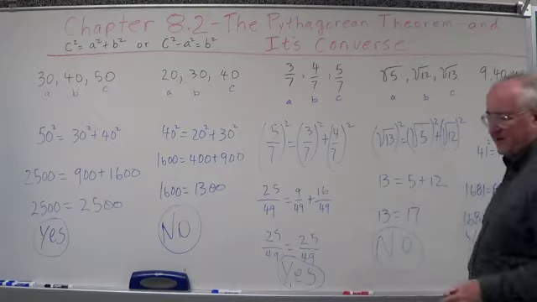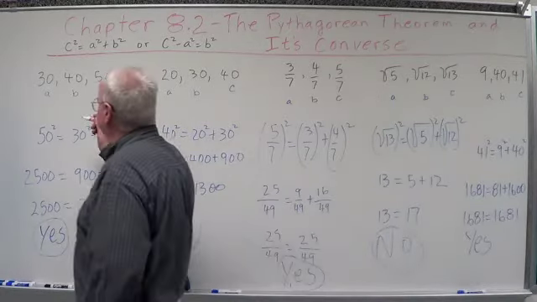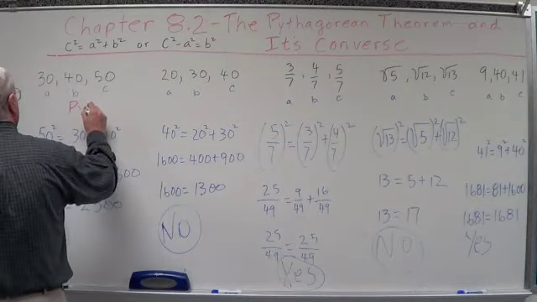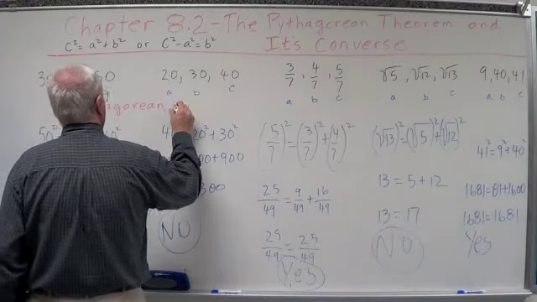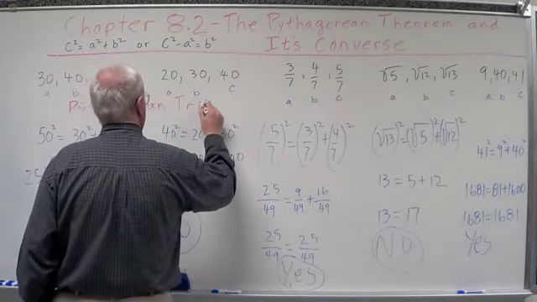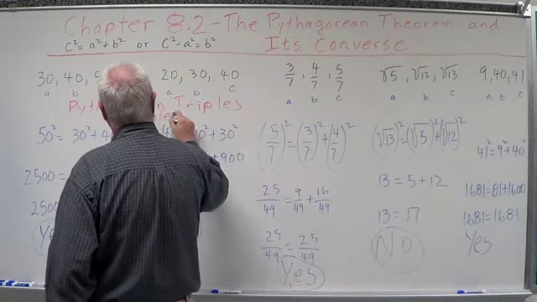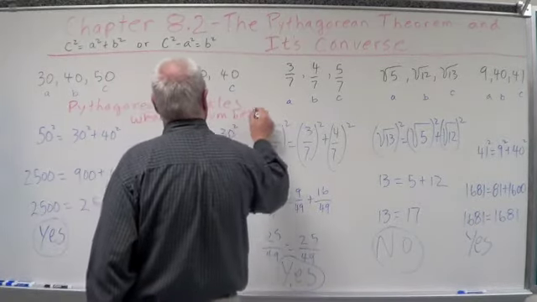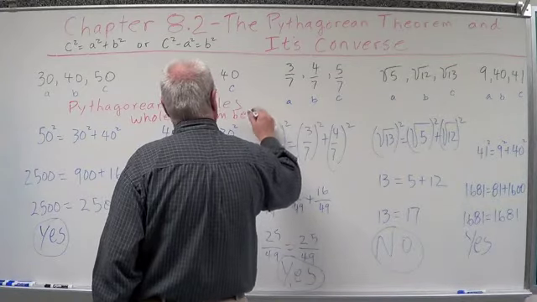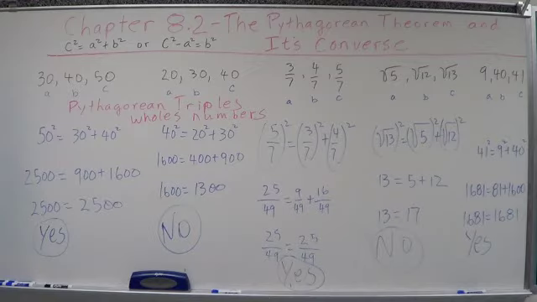Now, let's talk about Pythagorean triples real quick. Pythagorean triples are whole numbers that satisfy the Pythagorean theorem.